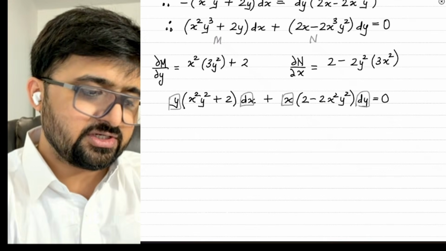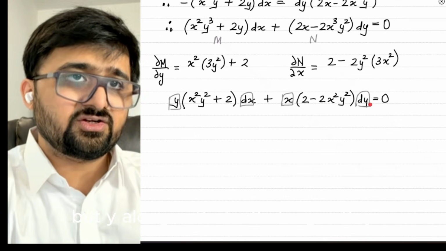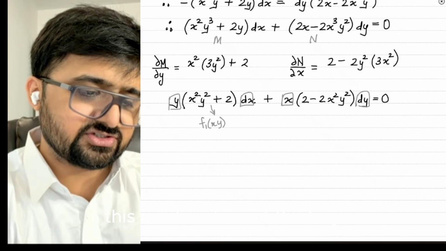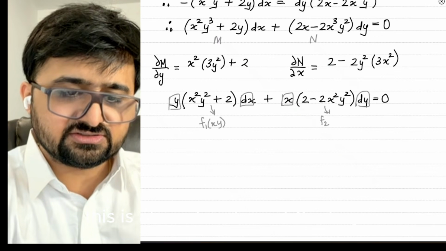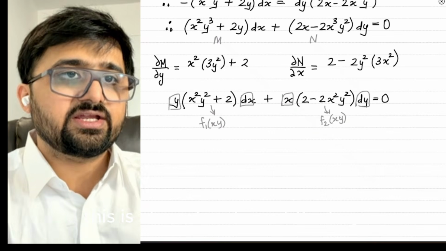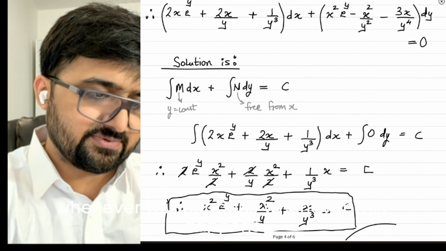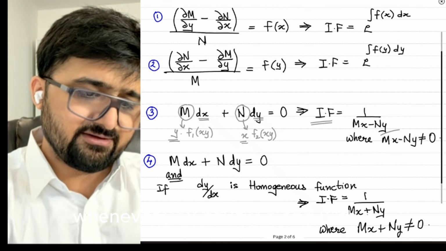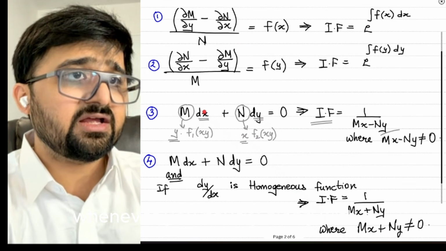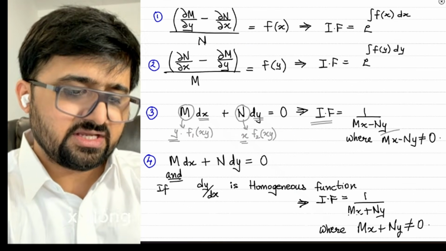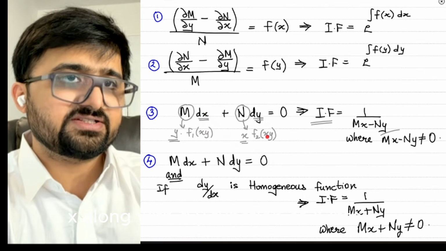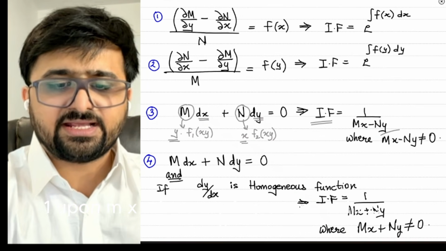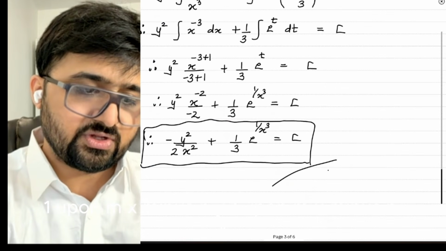I'll show you the rule: y along with dx, x along with dy, and these are functions of xy. Whenever this happens, if you go back to the rules that we have, whenever you have y along with dx a function of xy, and x along with dy a function of xy, the integrating factor is straightforward: 1 upon (Mx − Ny).